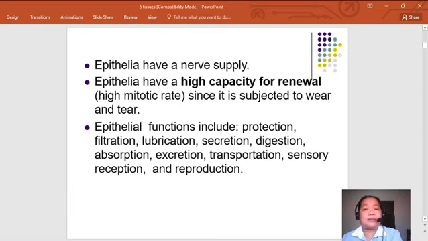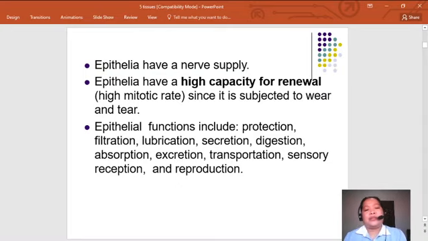They have a high capacity for mitotic rate. So, the cells are continuously replicating because the number one function of epithelium is to protect against mechanical stress. So, they have to replicate immediately to replace damaged cells.